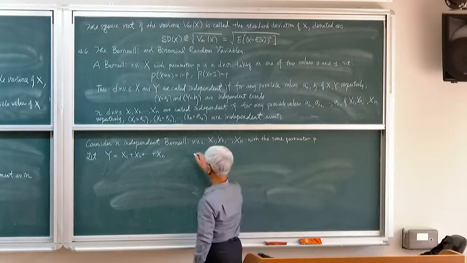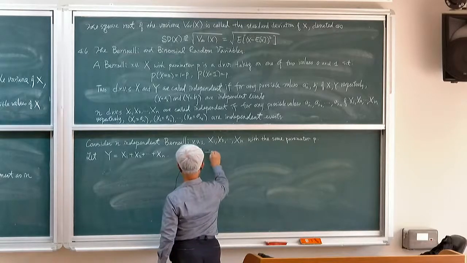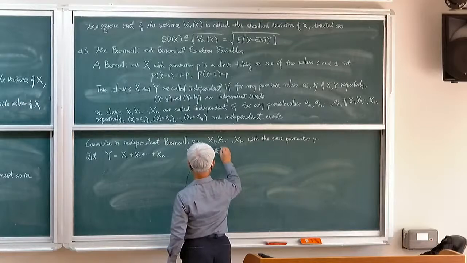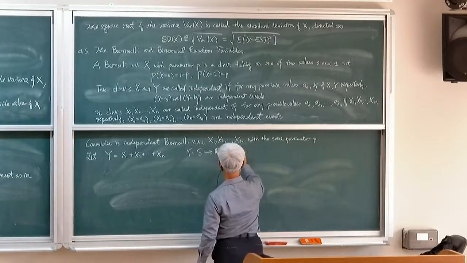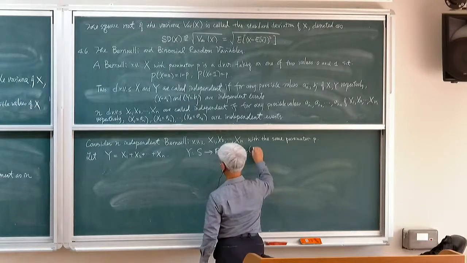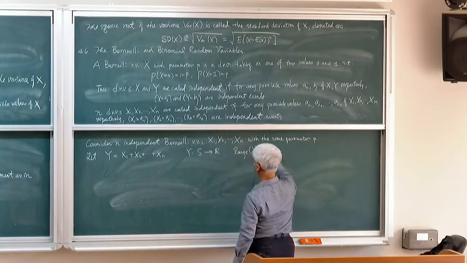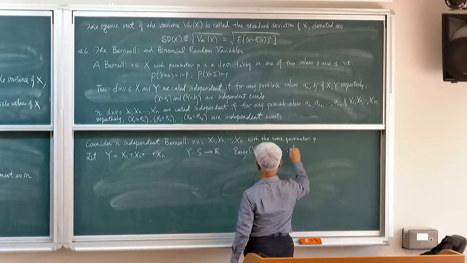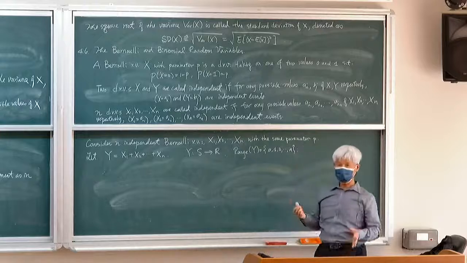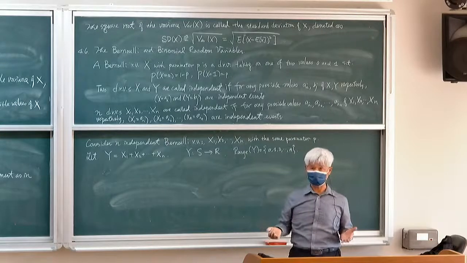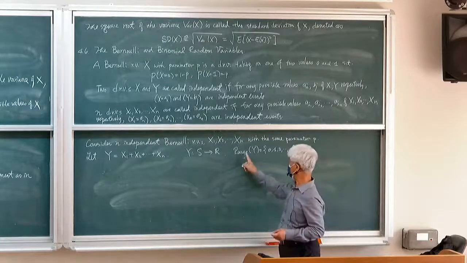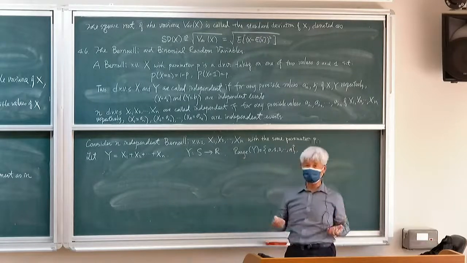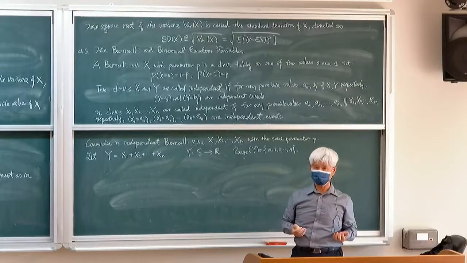So of course y, and the range of y would be 0, 1, 2, up to n. Of course this function is discrete because there are only n plus 1 possible values.